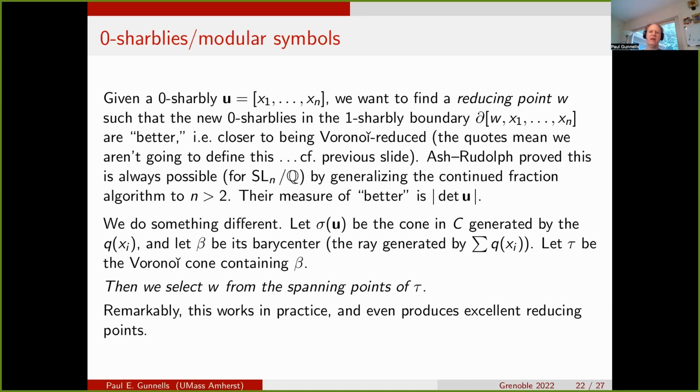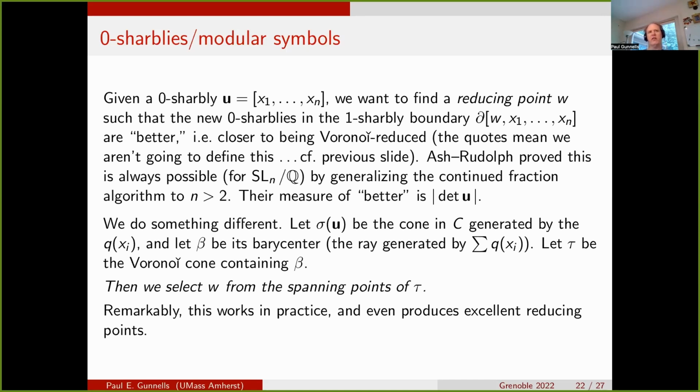Okay, so we're going to use the geometry of the complex. So here, capital C is the cone of positive definite quadratic forms. So I'm going to take the column vectors in the zero Sharpley, and I take the cone generated by them over in the positive definite quadratic forms, meaning I take Q of the columns and look at the cone that they span over there. And then I take the barycenter of that cone.